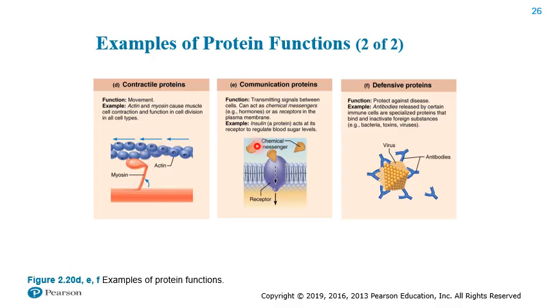You have other proteins that help with communication. So those would be proteins on the membranes, and they can either be going across the membrane, or they can be on one part and communicate to another protein that is on the other part. So those are helping with messengers, okay? So communication. And here another example, that is your antibody protein for defense.